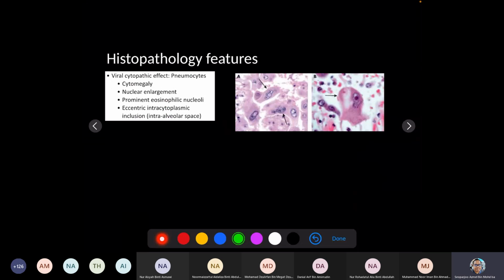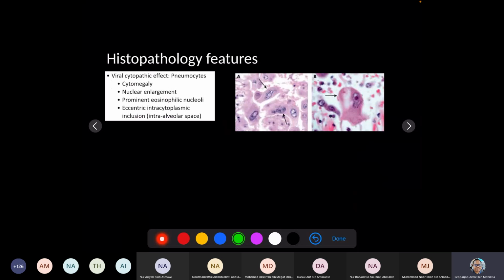Next, not the most important thing, but just to support that this infection is caused by COVID-19, there will be some cytopathic effects. Usually in any viral infection, there will be some cytopathic effect. Cytopathic means what the virus does to the cells that transforms the way they look.